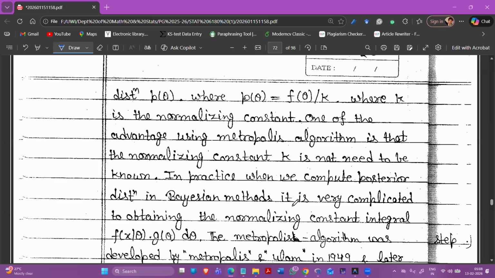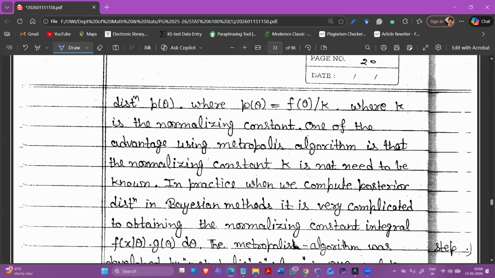All right. So what they were using here in the Metropolis algorithm, they were saying if you can write your p theta equals f theta divided by k in such form, where k is your normalizing constant, you either know it or don't know it.